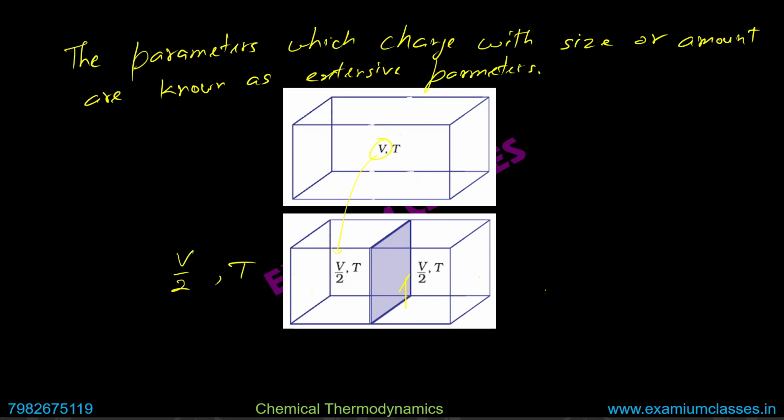So extensive property is shown by extensive parameters. The one which remains the same is intensive.